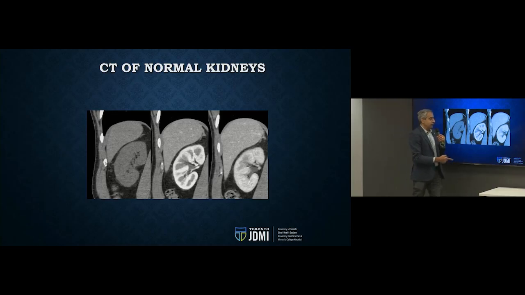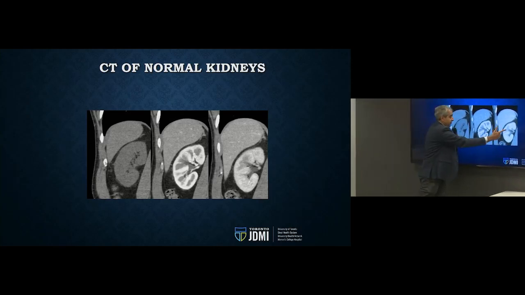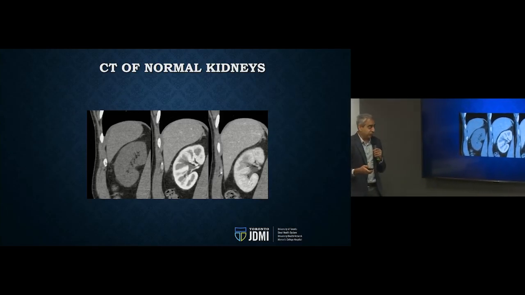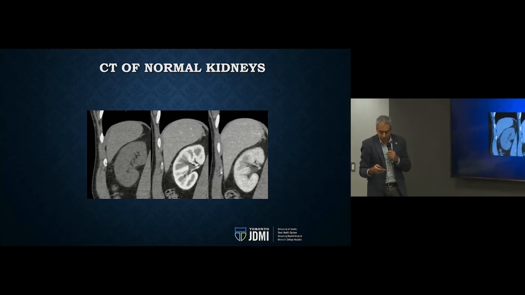And then we take a picture a little bit later, and here we can see what's called the nephrographic phase, where the contrast has worked its way now from the cortex into the medulla, into the collecting system, and into the medullary regions of the kidney. And that's why its density increases and the medulla becomes a little less visible compared to the background cortex.